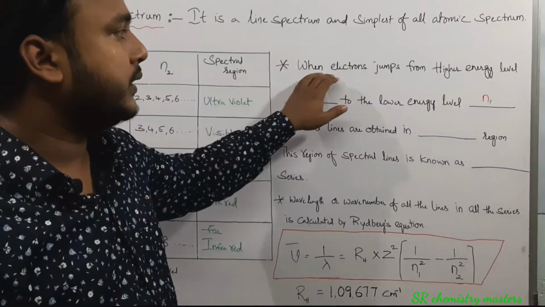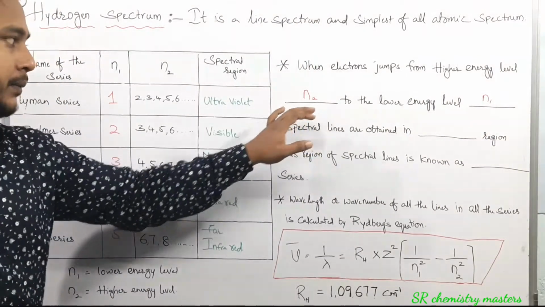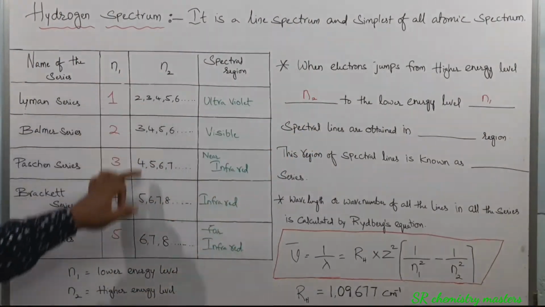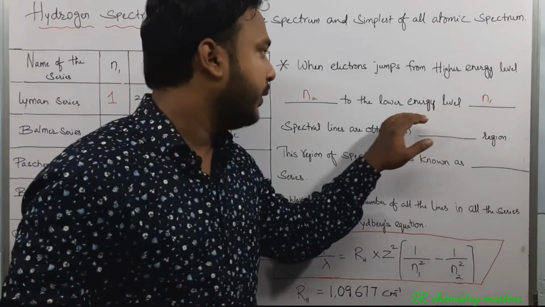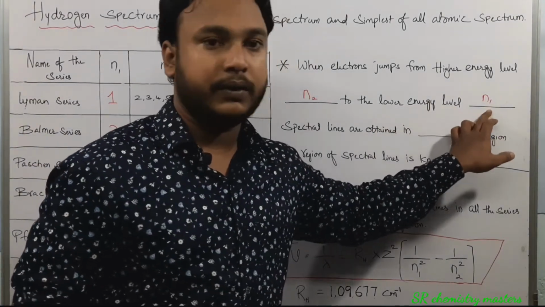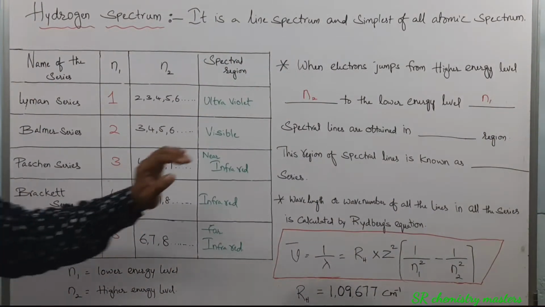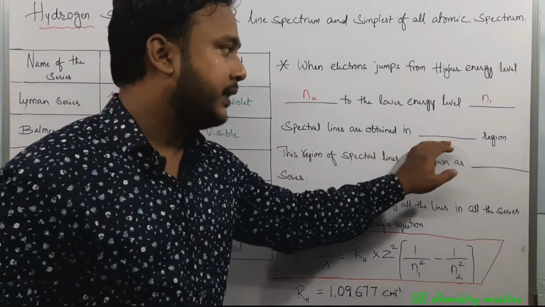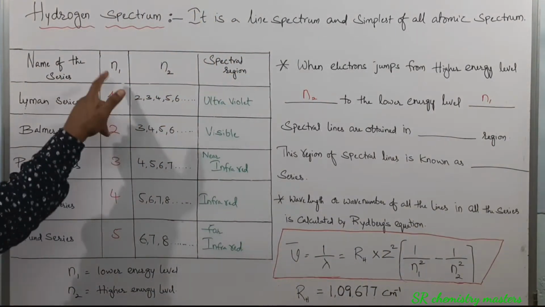Here, when the electron jumps from the higher energy level, that is N2, remember, we have prepared a box where you find N2 values for every series, and for the lower energy level, that is N1, we have the values also. The spectral lines are obtained in a certain region, which is written adjacent to N1 and N2.